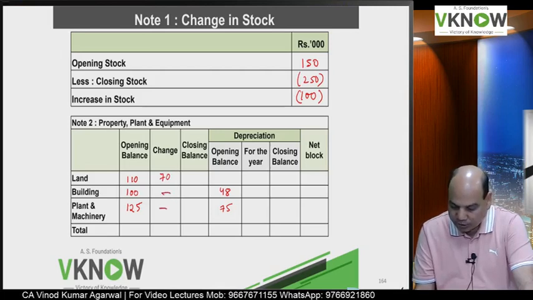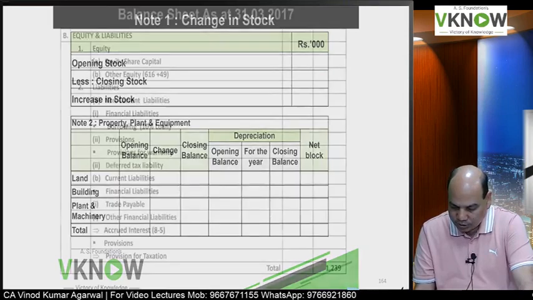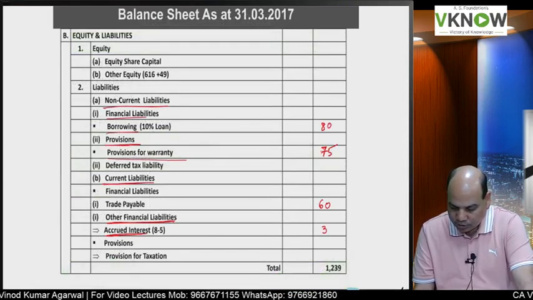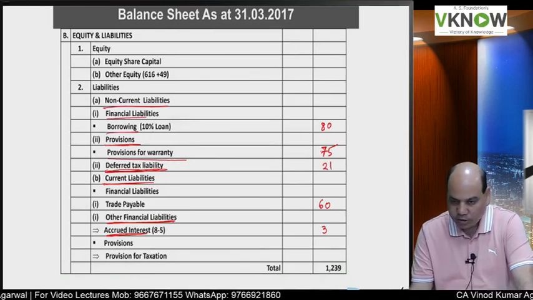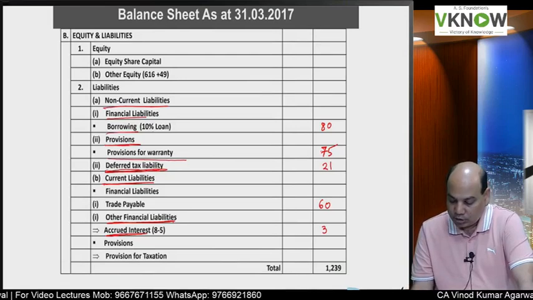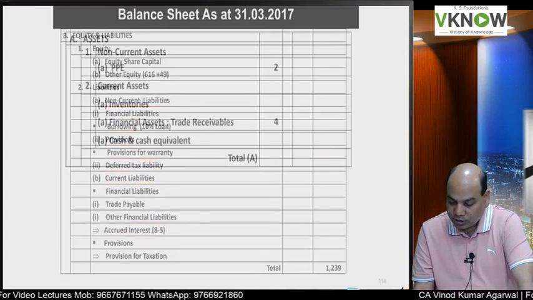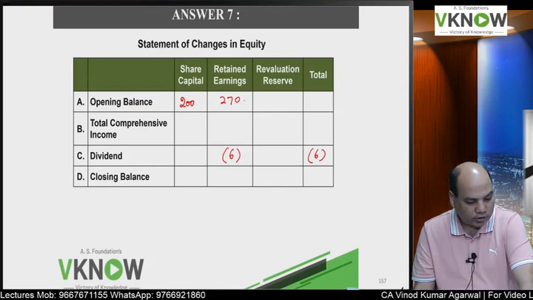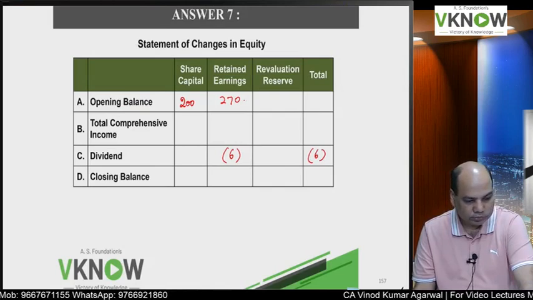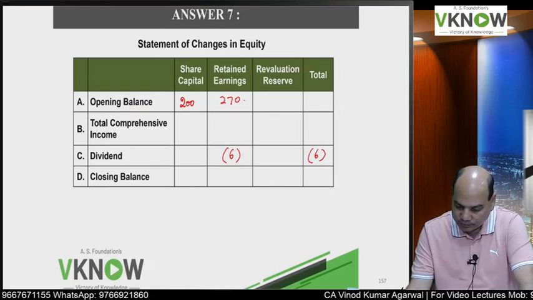And then we'll come to balance sheet for DTL. Come to liability side, you will find deferred tax liability here. How much was DTL? 21. And then you will come to SOCIE also. In SOCIE, what will you write? Revaluation reserve?